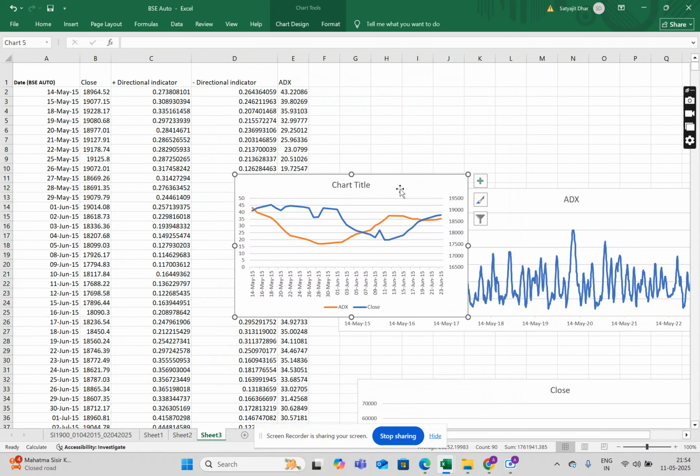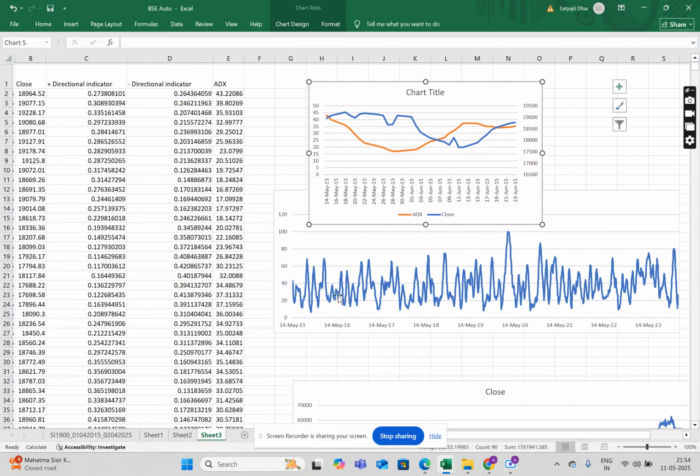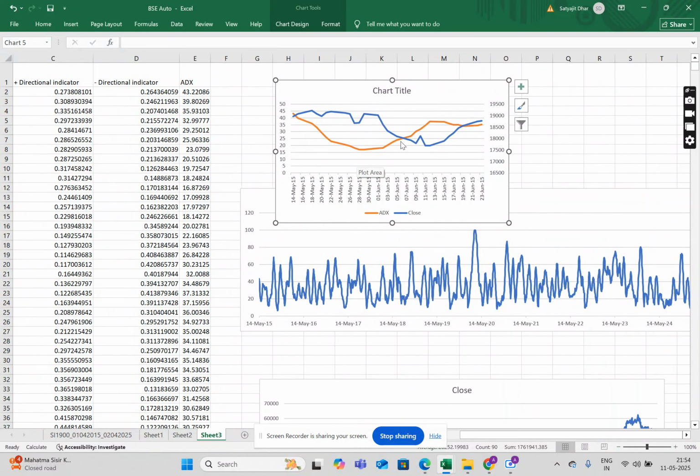Remember, they are in separate scales. So here at most periods, our ADX is not more than 40.